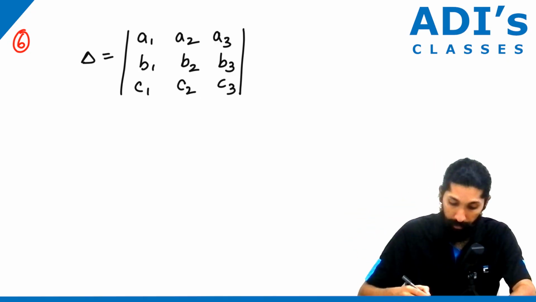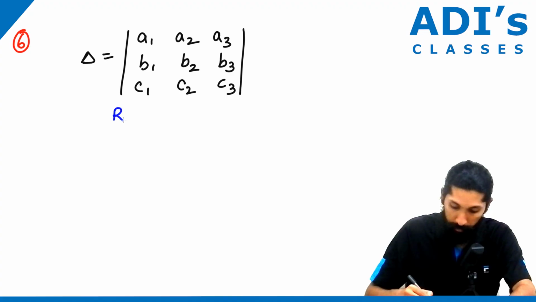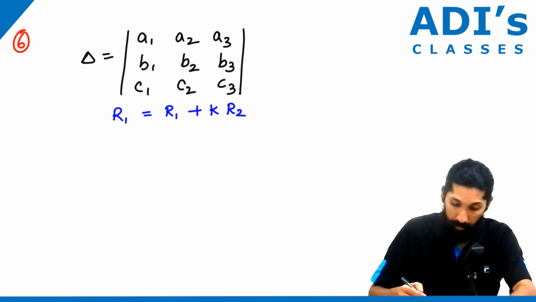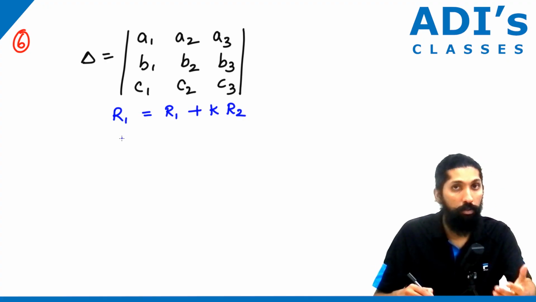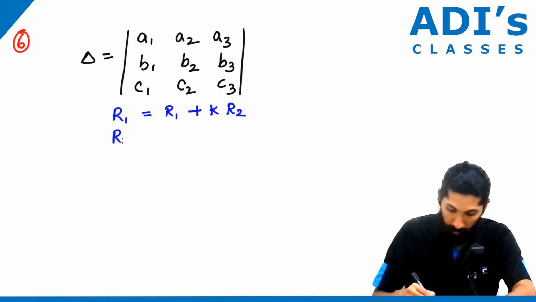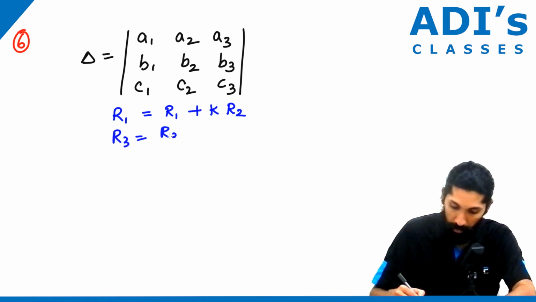I can do R1 equals R1 plus K into R2, and you can change R2 or R3 also, for example R3 equals R3 minus lambda into R2.